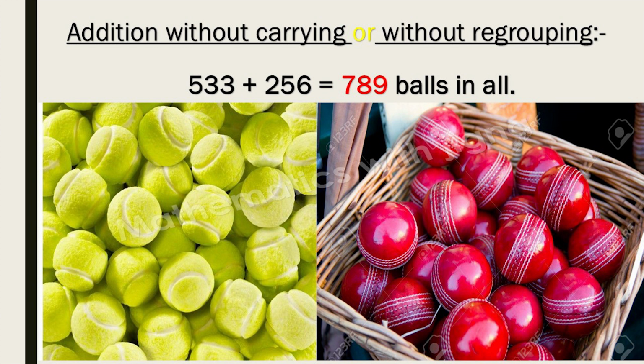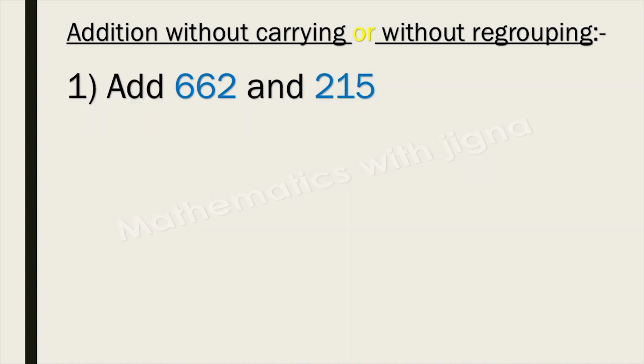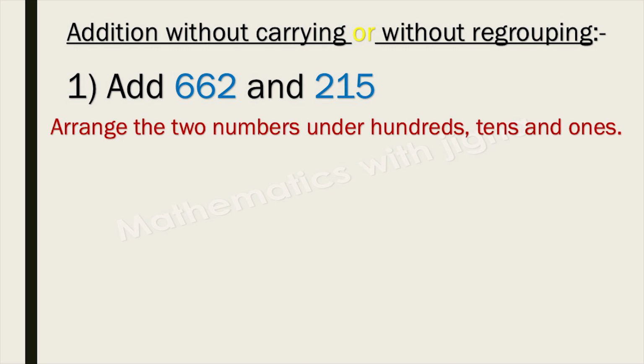Now students, try to add this. 662 and 215. How can we add this? Yes, first we arrange the given numbers under the title hundreds, tens and ones column.